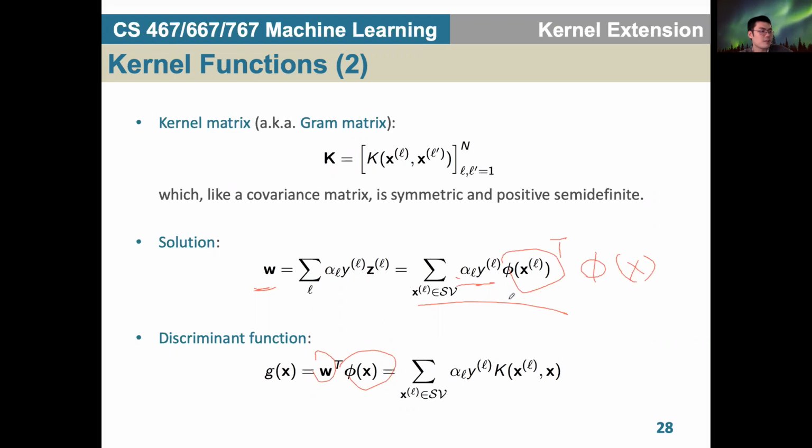So what you have is the inner product in the transformed space of two rows. This x is a new testing data, and this is a support vector. Finally you can compute these two terms with the kernel function. This is when you do the testing.